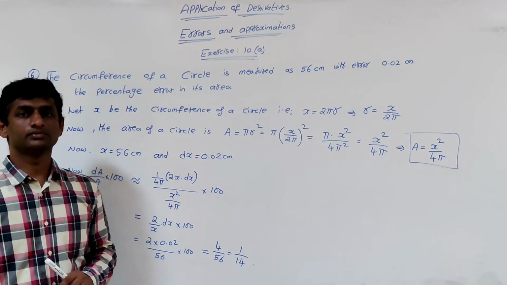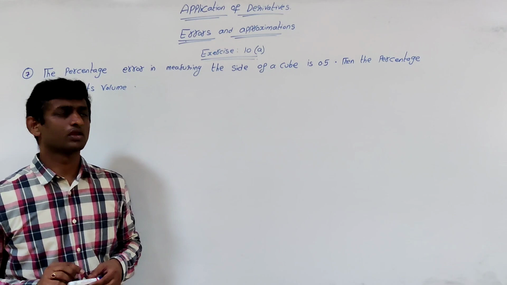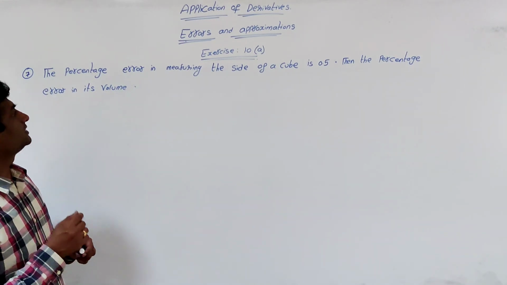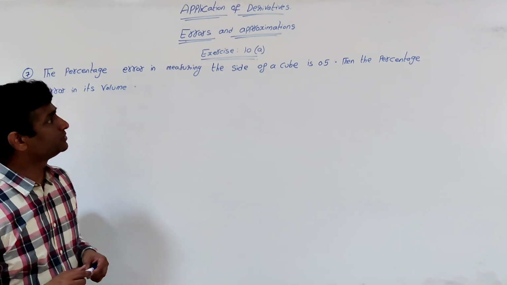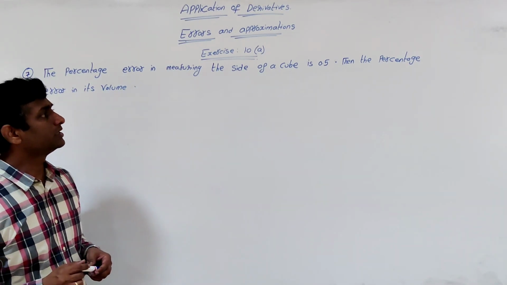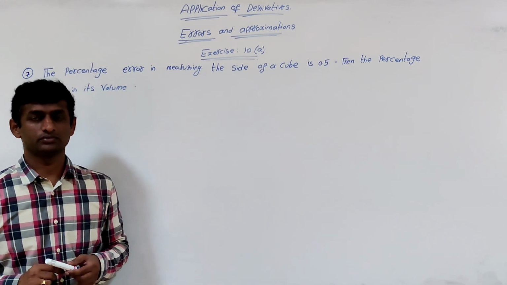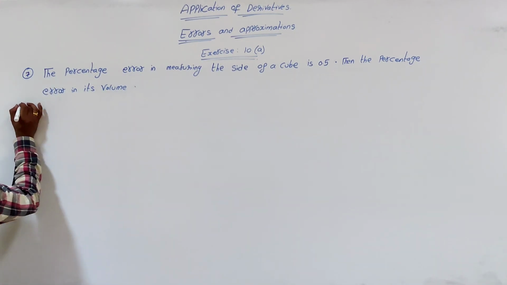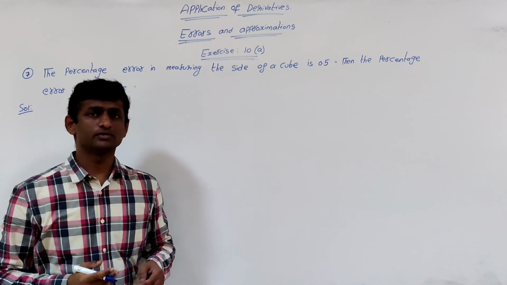Next problem. So the next problem is on cube. The percentage error in measuring the side of a cube is 0.5. Then what is the percentage error in its volume? So solution, cube means all sides are equal.